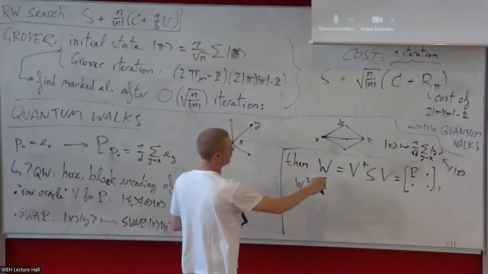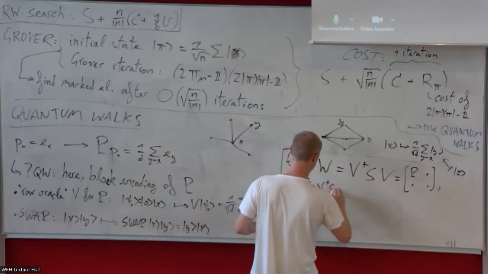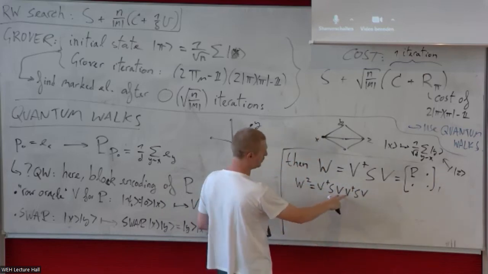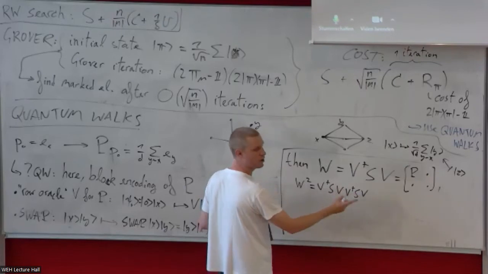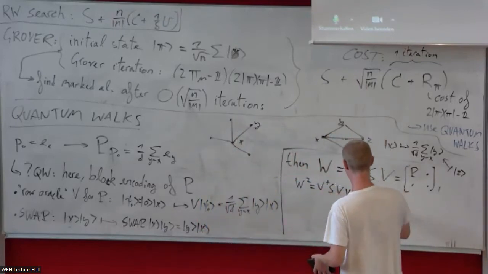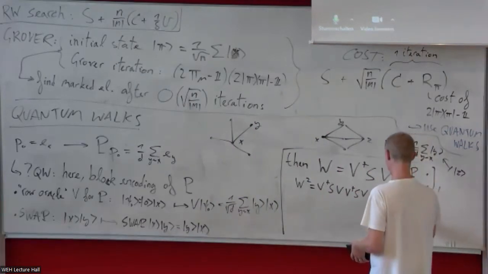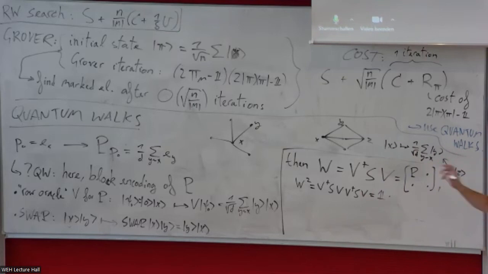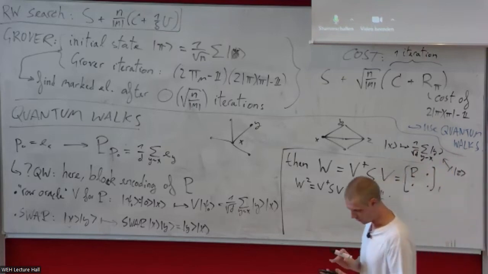We get V dagger S V, V dagger S V, but these are unitary, so these cancel. Swap, swap is identity. If swapping twice is identity, and again, you get V dagger V, this also cancels. And so we see that we get a block encoding that's also a reflection. And this was kind of the well-behaved thing that we liked.